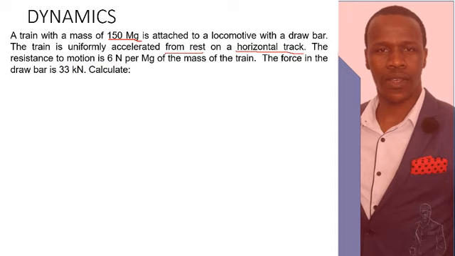Then it says the resistance to motion. What is the resistance to motion? The resistance to motion is Fr. So we have Fr right there. So the resistance to motion is 6 Newton per megagram of the mass of the train. So what does that mean?